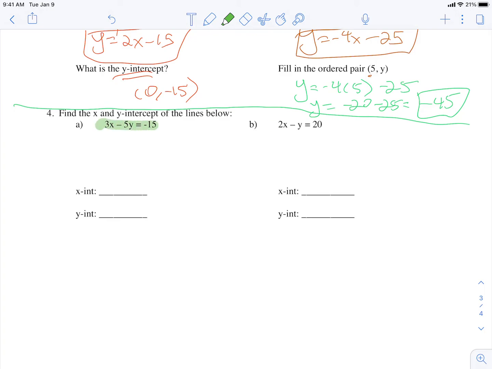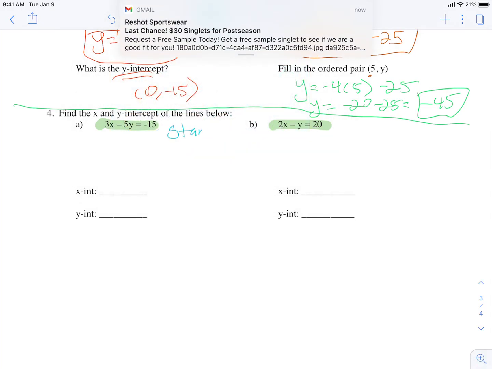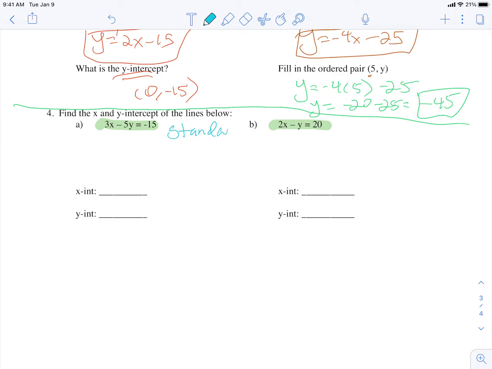The way that this is written here, these two equations, this is another form, and this is called standard form, or ax plus by is equal to c. A standard form is actually pretty useful for real life problems.